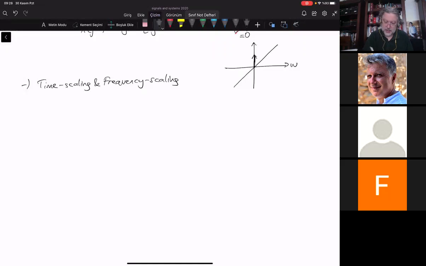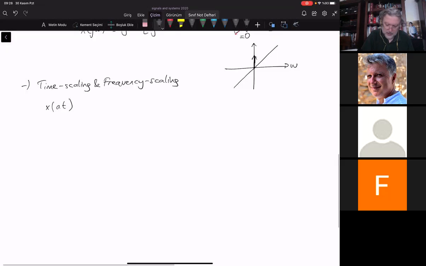And the relation is like this. Suppose that you have x of t and its Fourier transform is capital X of j omega, then x of a times t, you are scaling by a. This a could be positive and negative, and it could be less than 1 in magnitude and greater than 1. If it is greater than 1 in magnitude, it means you are making it a narrower signal. If a is less than 1 in magnitude, it means you're making a wider signal.